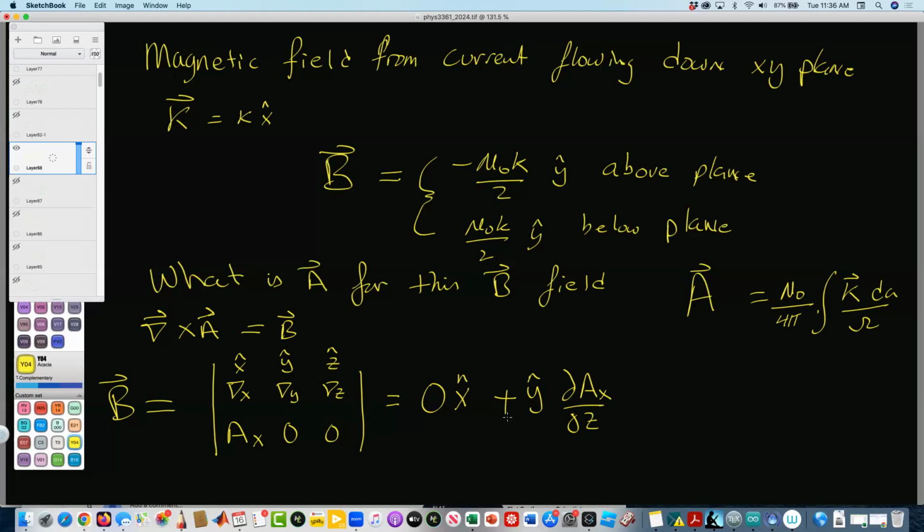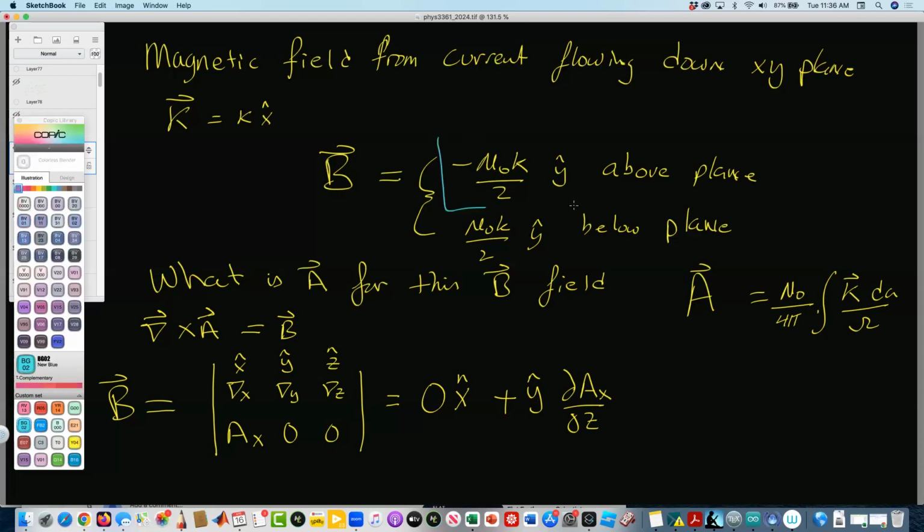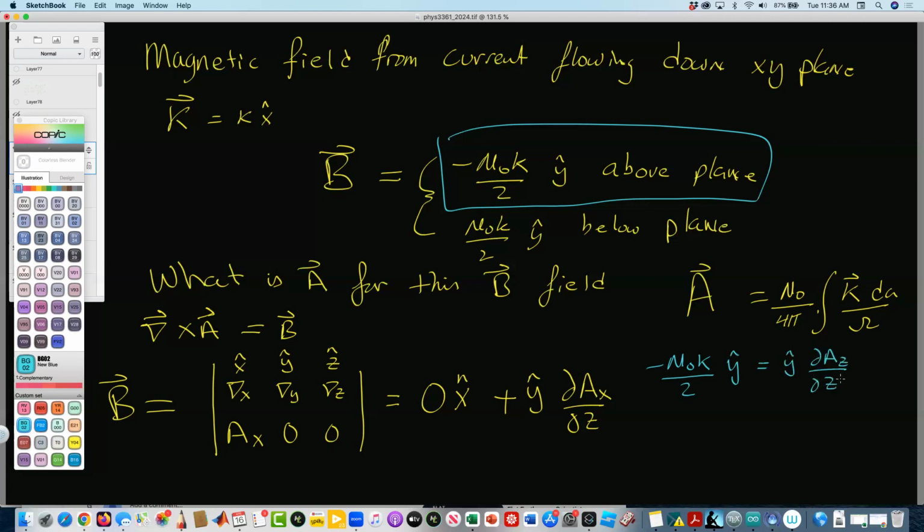So we can do this in steps, because we know B above the plane. So we'll do the one above the plane first. So let's look at above the plane. Okay. So above the plane, we're going to have B, which is negative mu 0 the constant K over 2 in the y hat direction, is equal to the y hat times partial AX partial Z. Yeah?